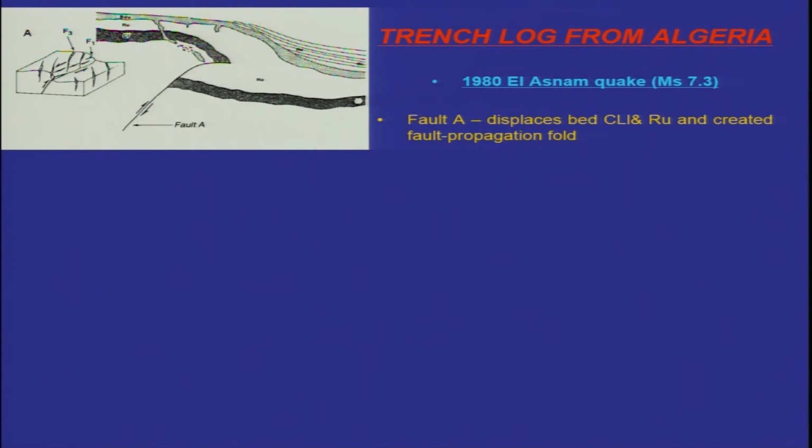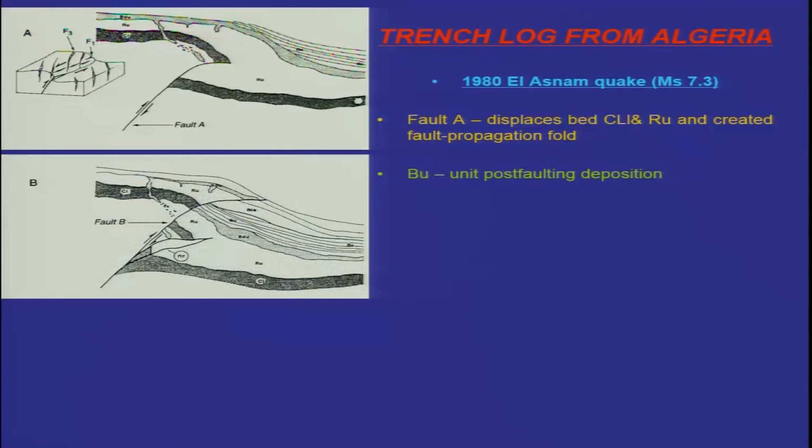It did not reach right up to the surface, but it created a fault propagation fold, and BU unit is the post faulting deposition. So, you have post faulting deposition here, and then the displacement of the event.